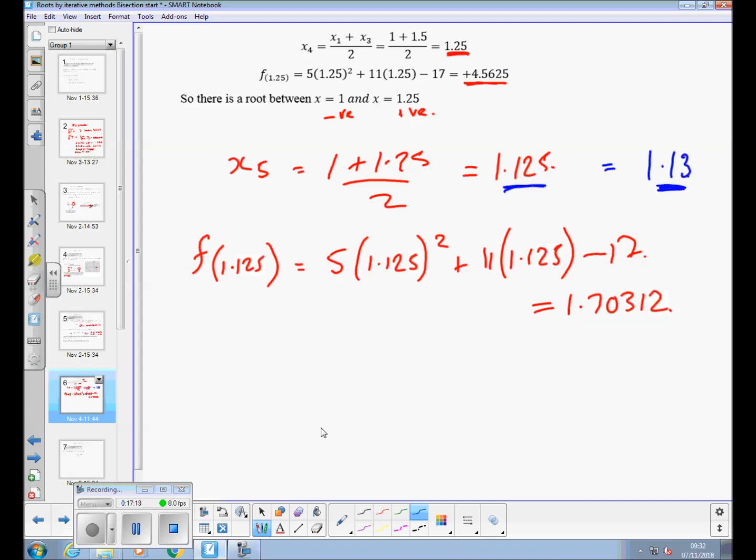What you're looking for is for that number, i.e. the guess to 3 significant figures, being the same for a second time. So let's say you get a result where that's 1.12, and then the next time it's still 1.12 to 3 significant figures. You stop. That's your root to 3 significant figures. Carry that process on, see if you can find me the root to 3 significant figures.